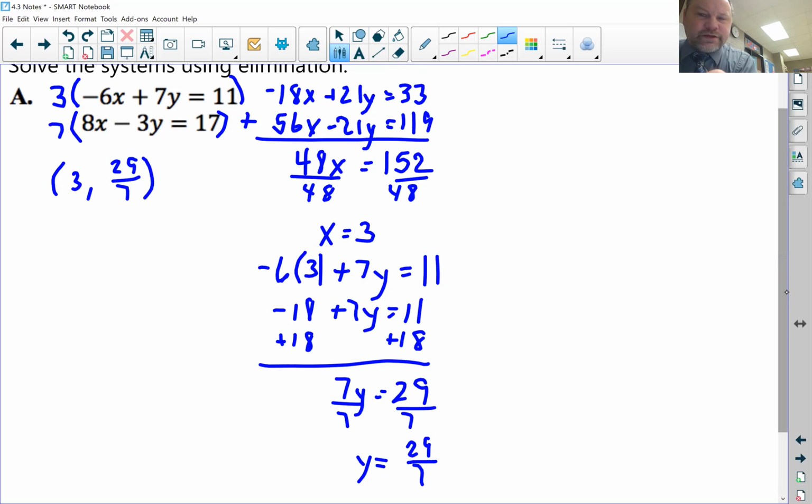So I'm going to plug into my bottom equation. 8 times 3 minus 3 times 29 over 7, so that equals 17.